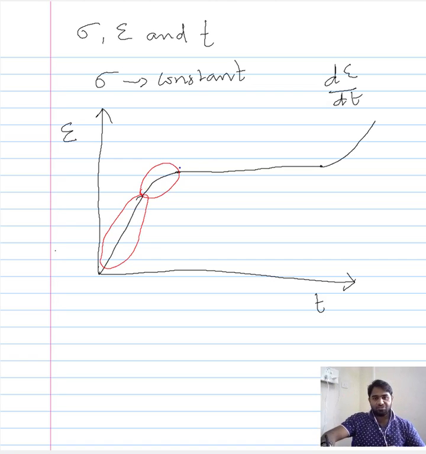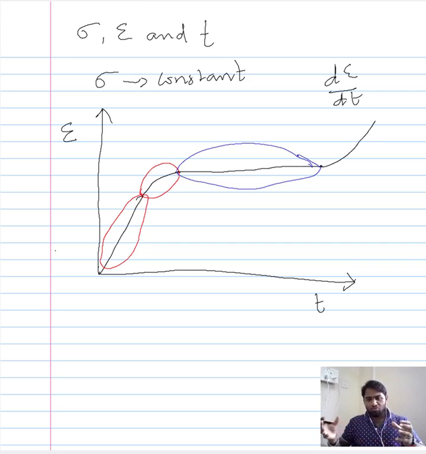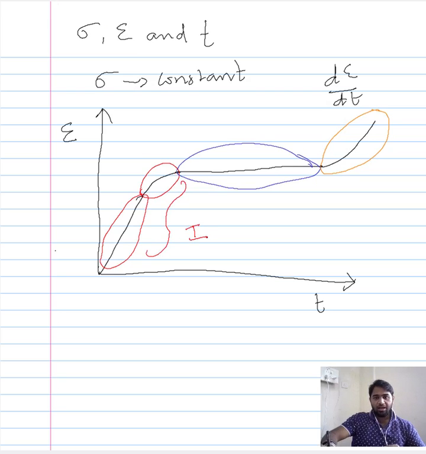And we have the steady state creep, which is characterized by not much change in the slope of the curve, or rather a region where the strain almost remains constant. And finally you have your accelerating creep, which ultimately leads to the failure of the material. So in the previous lecture we categorized these two, that is the instantaneous creep and the transient creep, as stage 1.